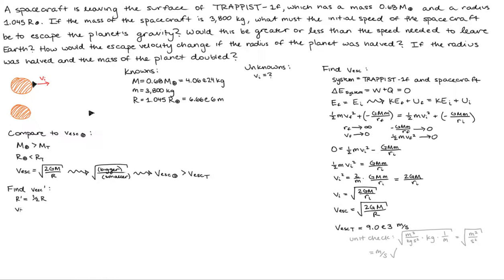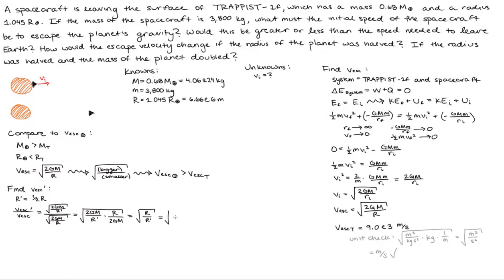The ratio of the new escape velocity to the original escape velocity is given by the square root of 2GM over r prime all over the square root of 2GM over r. Bringing everything under the square root and then multiplying by the reciprocal of the denominator, we find that everything except the radii cancels, and we have the square root of r over r prime.